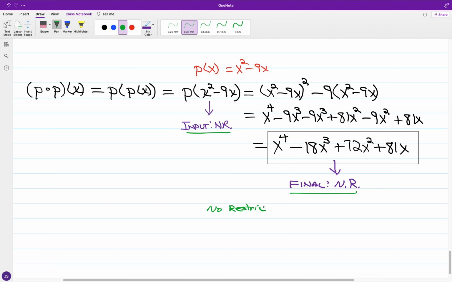And so again, we're back to where for the domain of the composition, that is going to be the set of all real numbers.